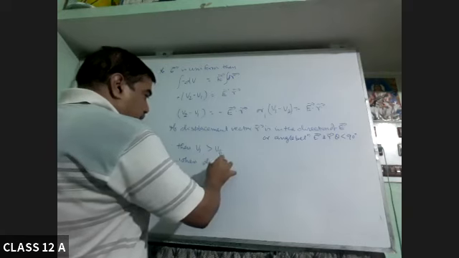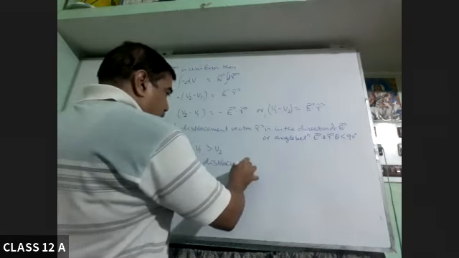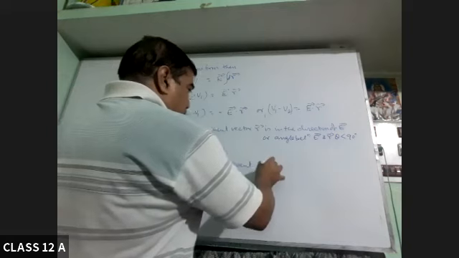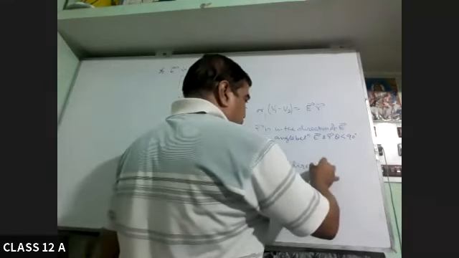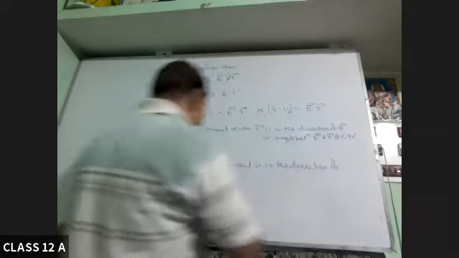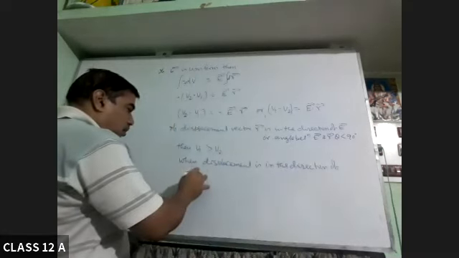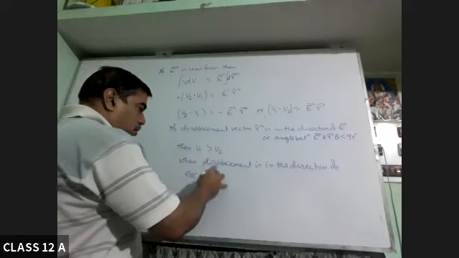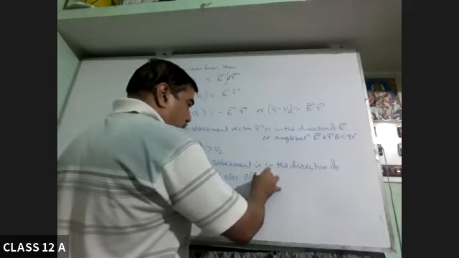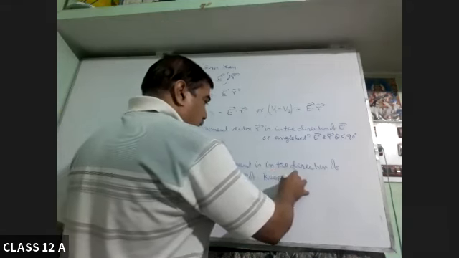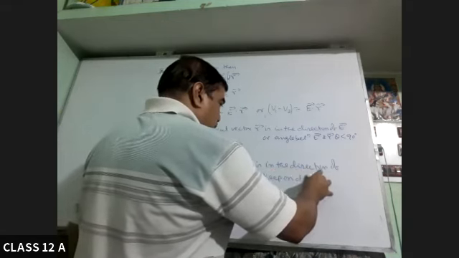When displacement is in the direction of the electric field, electric potential keeps on decreasing.